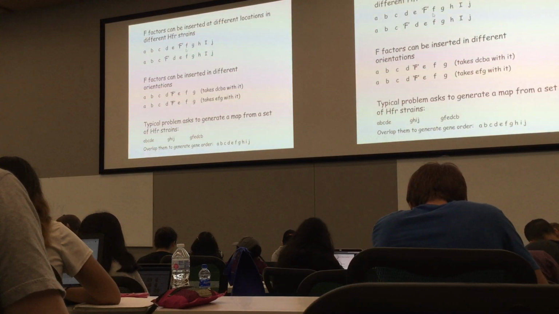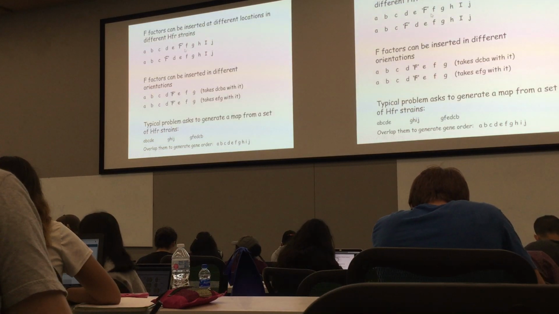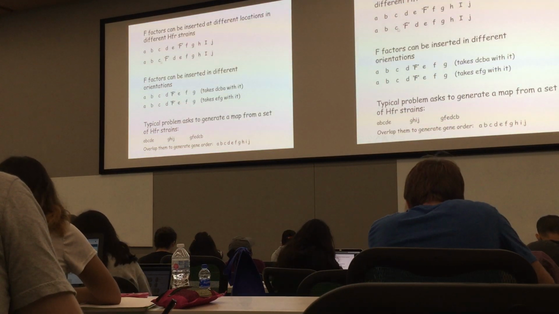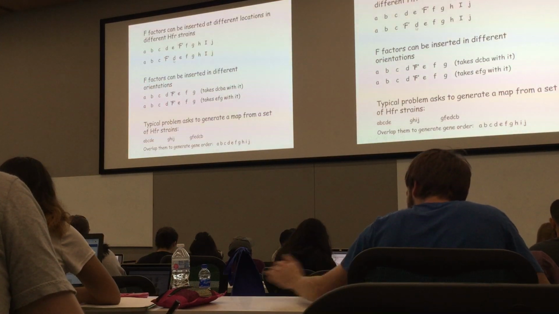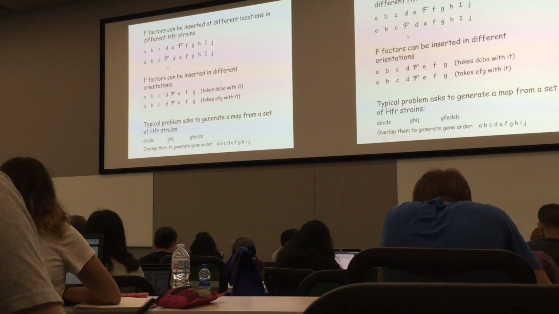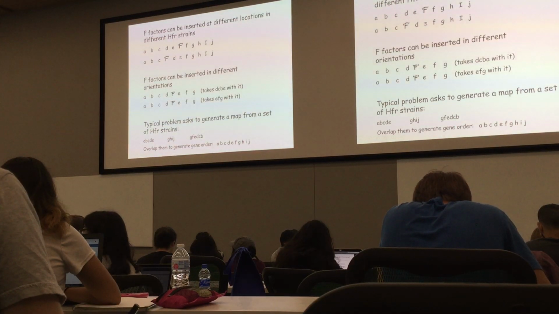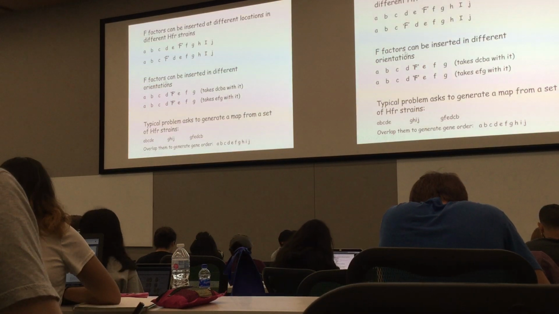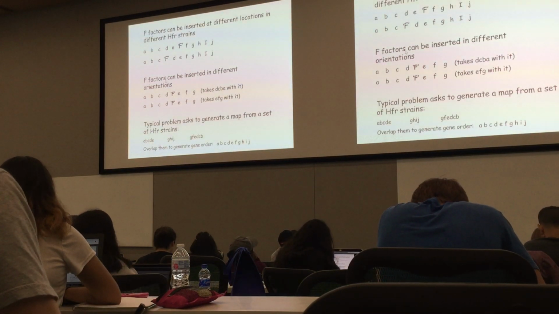But in another Hfr strain, the position will be different. In this one, the F factor has integrated itself between the C and D genes, right? So that will be a usually unique aspect of each of the Hfr strains that are used in these mating experiments.